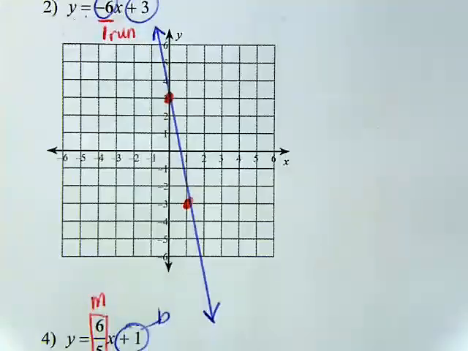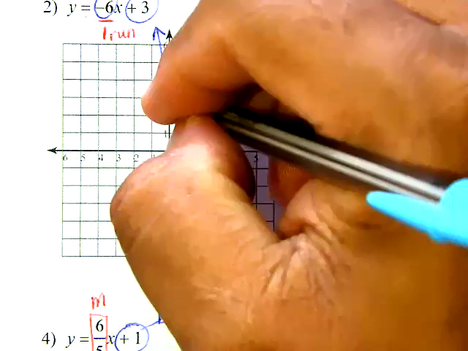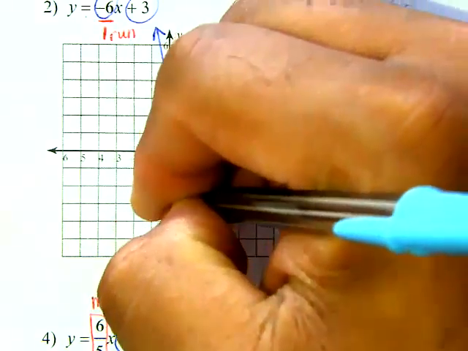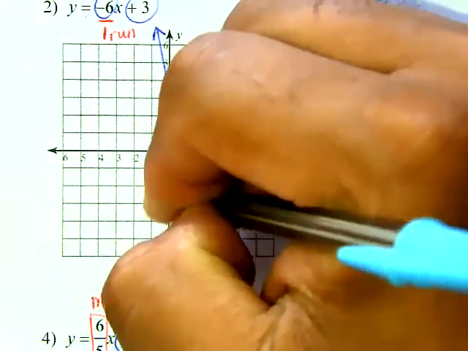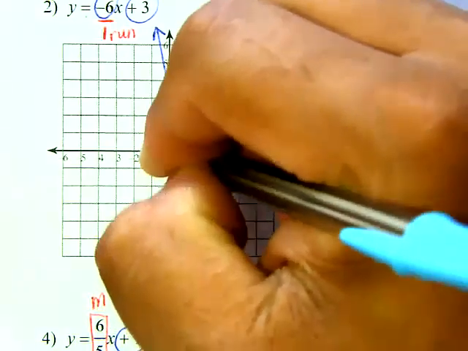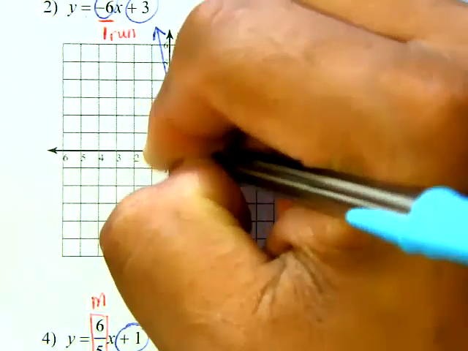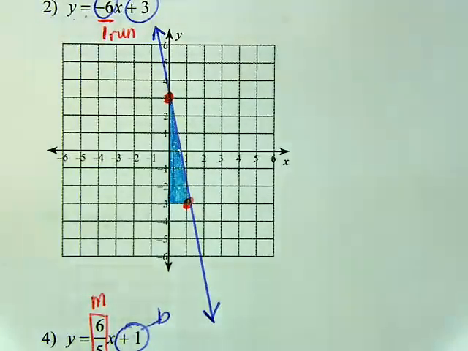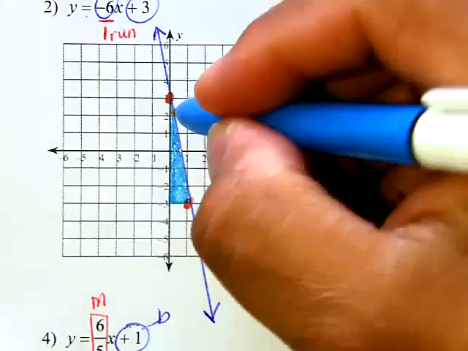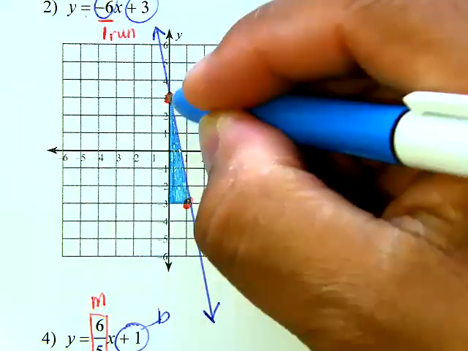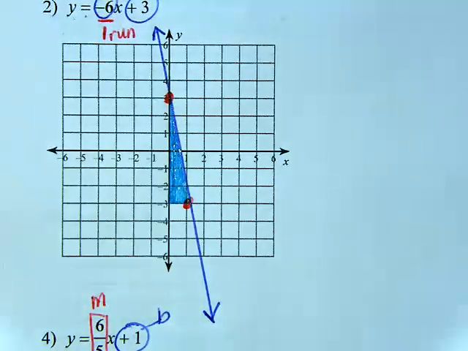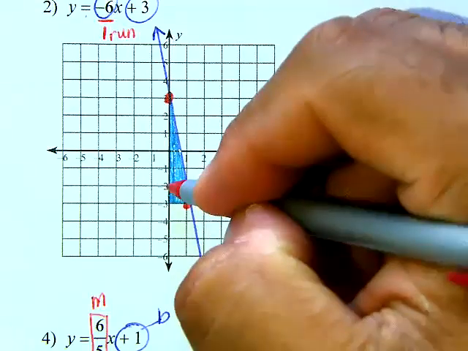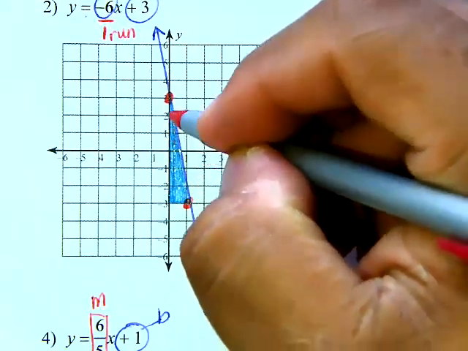But you always take the 2 points and make a triangle. Because here's my triangle right here. What's my rise? That's my up and down. 1, 2, 3, 4, 5, 6.